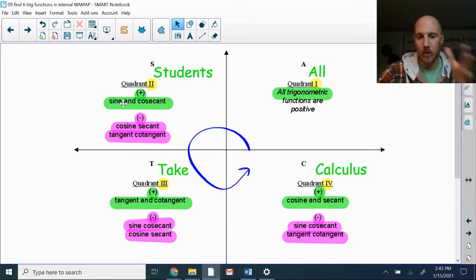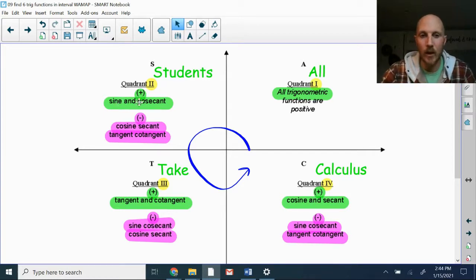The acronym all students take calculus only refers to those first three trig ratios: sine, cosine, and tangent. So the S, students, transfers to the S for sine, but we know that if sine is positive, so is its reciprocal, cosecant. That's not included in the acronym, but we know that cosecant and sine will always have the same sign, positive or negative.